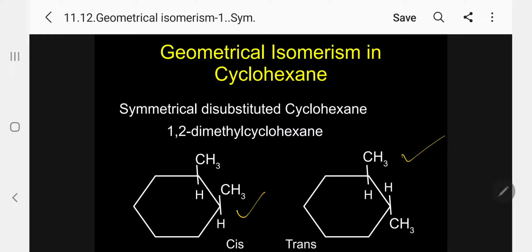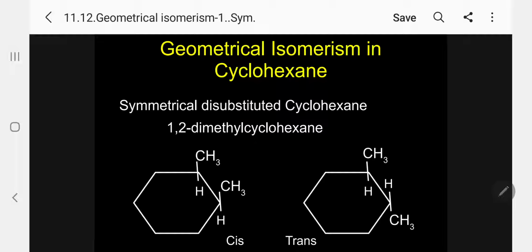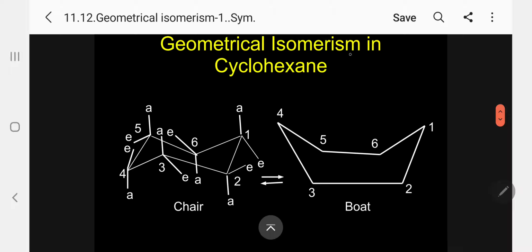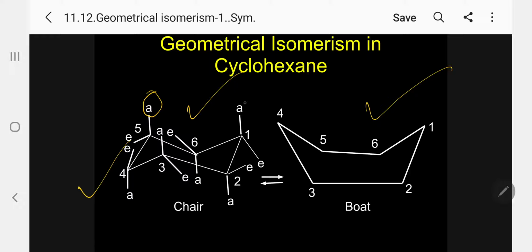But unfortunately cyclohexane will not be in this form; it will be in chair form. We have seen this already in conformations: chair and boat forms, among which chair is more stable. Kindly follow. Whichever groups are above the plane or below the plane are axial groups.